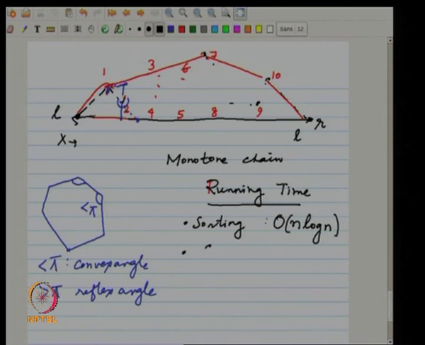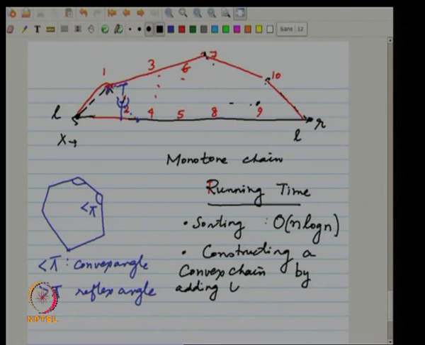So, constructing the convex chain by adding the next point or deleting how many points? At most, at the ith stage we are removing I minus 1 points, something like that. So, what is the running time?